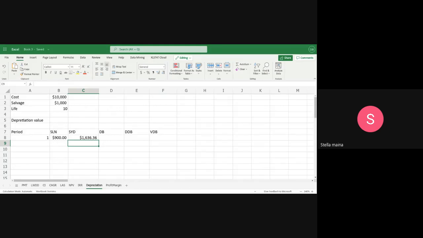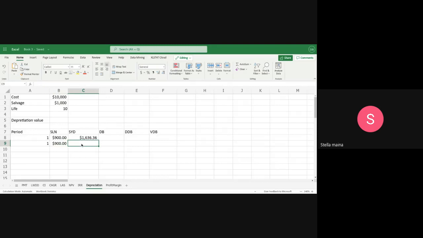Okay. So for the second period's depreciation, if you are doing this using the second formula, this is just going to be B1, B2, B3.